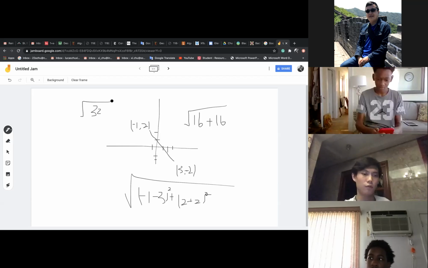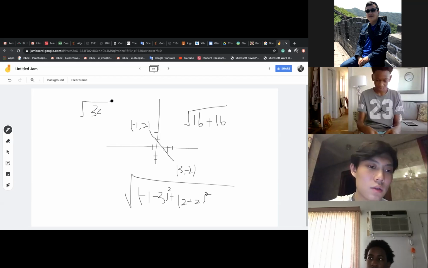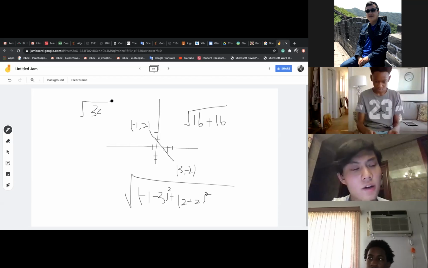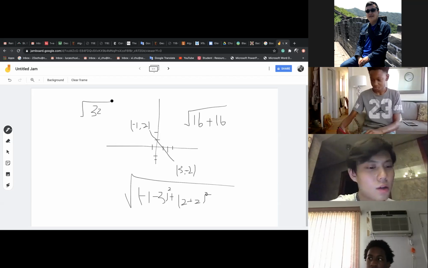Try to find if there's any perfect square in it. I'm going to give you a hint that there is a perfect square in it. So try to simplify as much as possible.